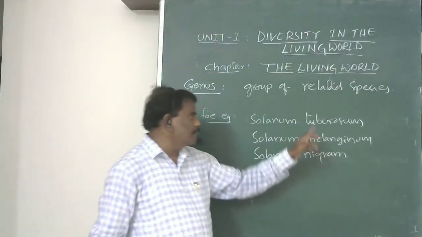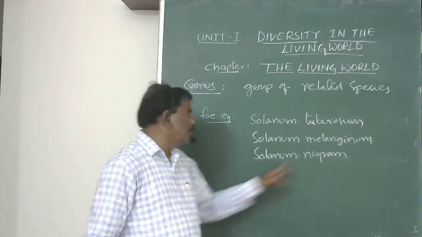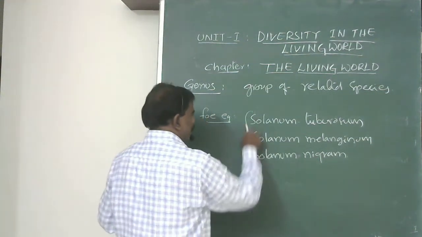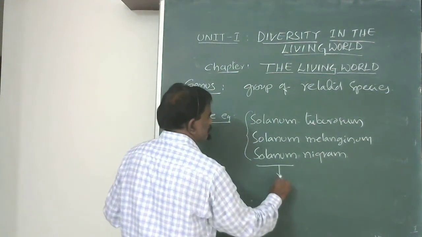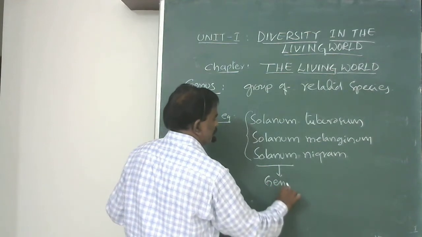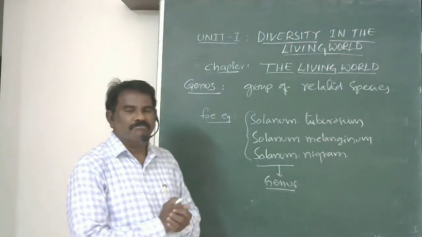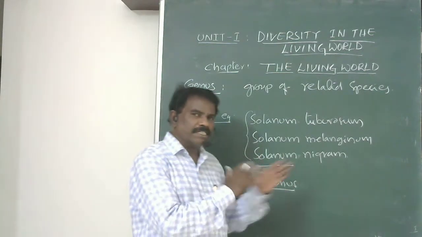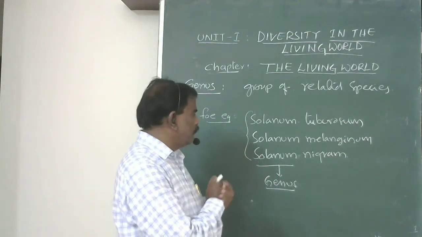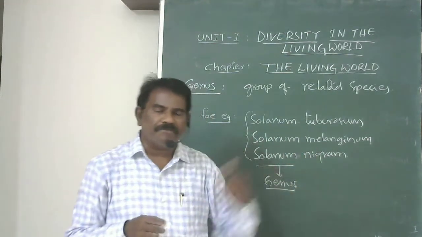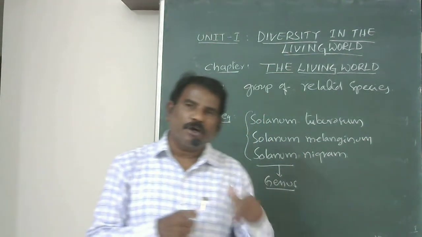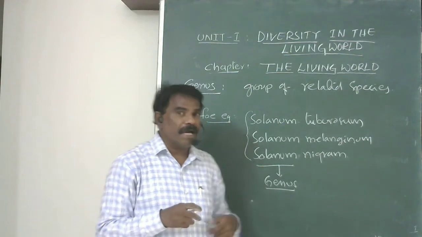See, tuberosum, melongena, nigrum are all kept in the same genus, that is Solanum. So, the species present in this genus have more characters in common when compared to the species of another genus.